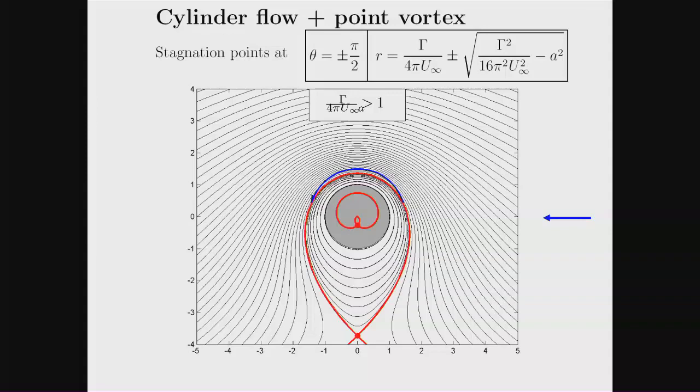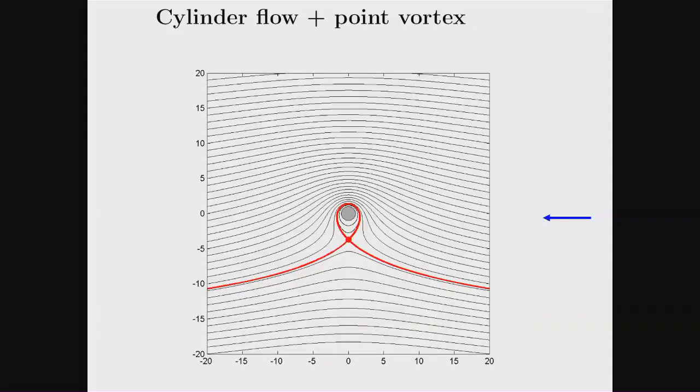You can see that the red lines which I've drawn, which is my separatrix, look quite a bit different compared to when the stagnation point lies along the surface of the cylinder. If you consider the far field of the flow, hopefully you know that the uniform flow is going to be dominating.